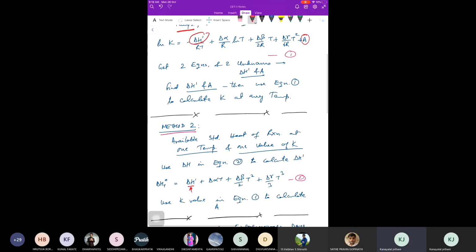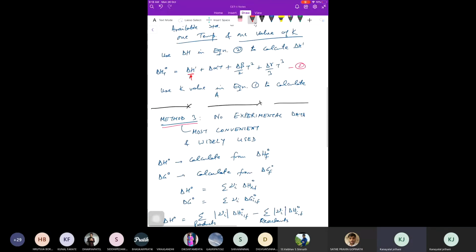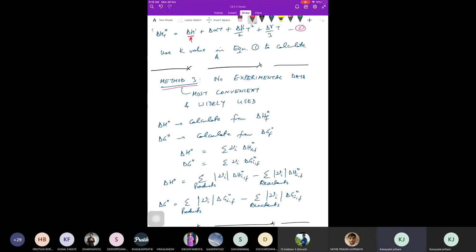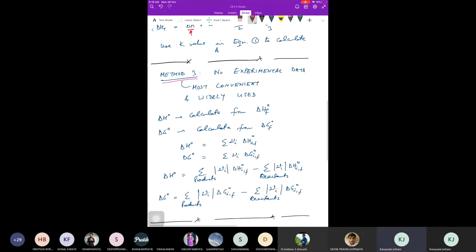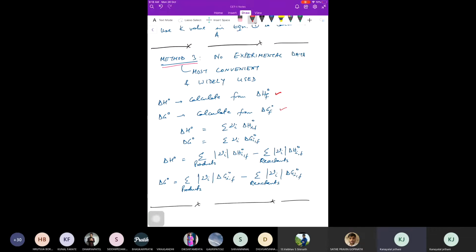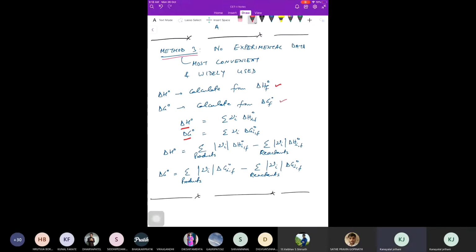So that's two methods. The third one is when we don't have any experimental data, right? So what we do is we use standard Gibbs energy of formation and standard heat of formation and calculate heat of reaction as I showed you before, and delta G of reaction, right? This is what it is.